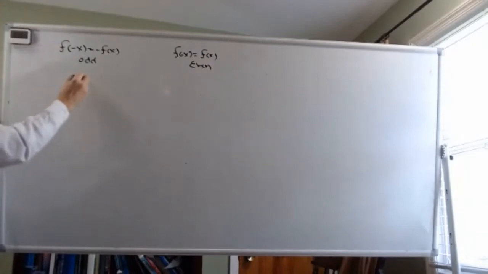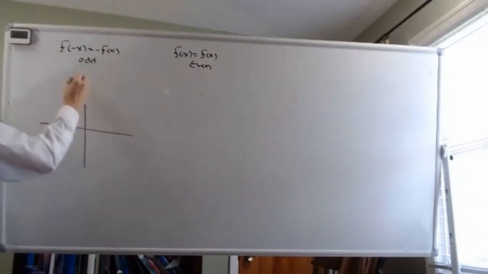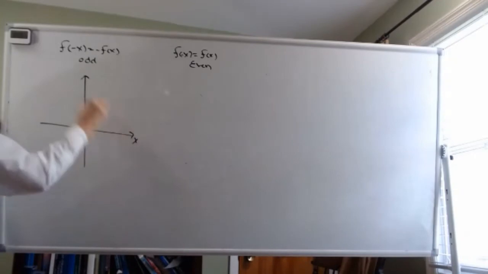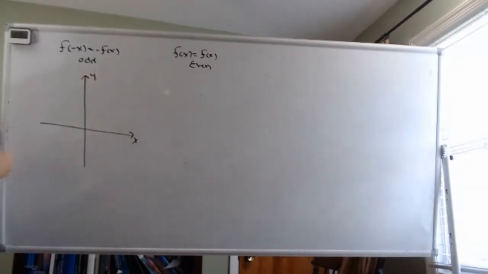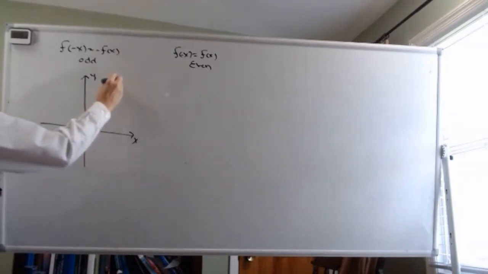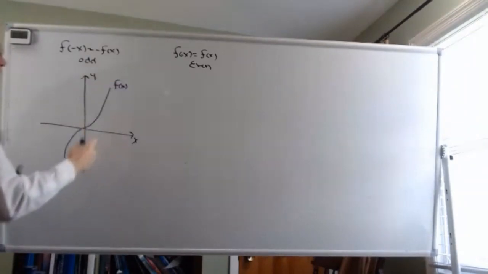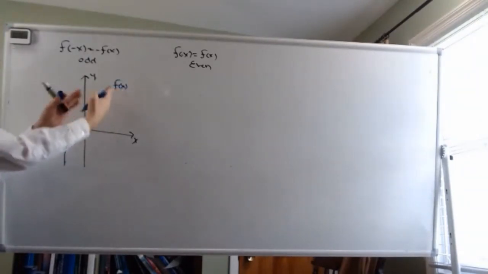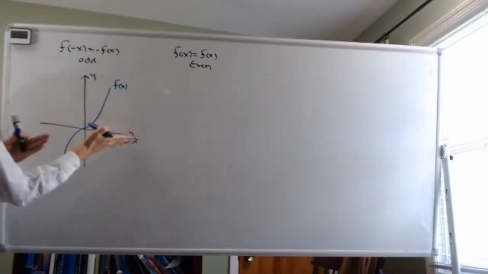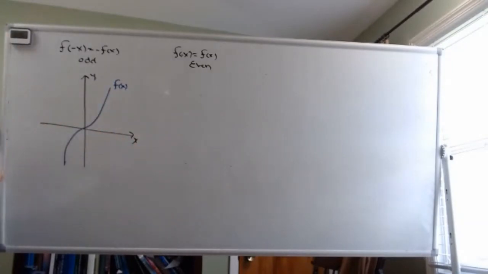Well, graphically, what's happening here? So say this is my original function. I have an odd function. So there's my f of x. If I replace x with negative x, what happens is all the x's that were positive come negative. So I switch it around over here, and it goes this way. This is f of negative x.